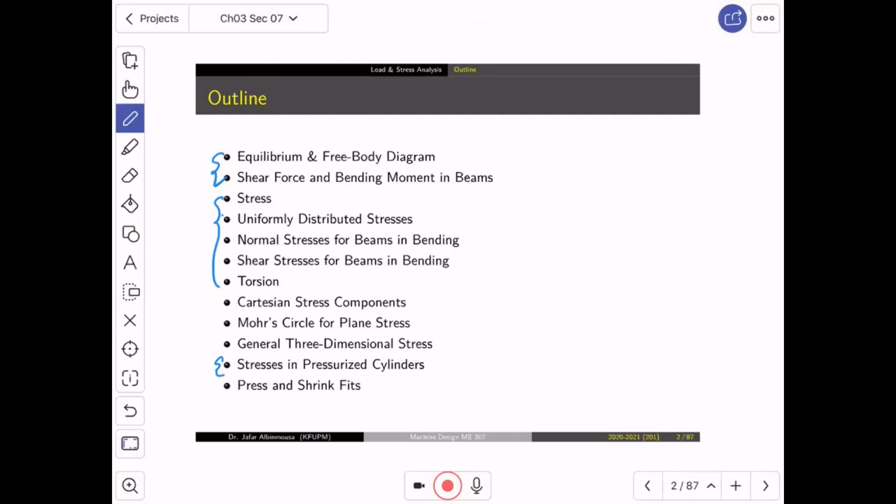And then we'll talk about press and shrink fit. If you want the truth, these two parts are the most practical parts that you can see in this chapter, because they are real applications of industry around us. I hope this is good enough as an outline.